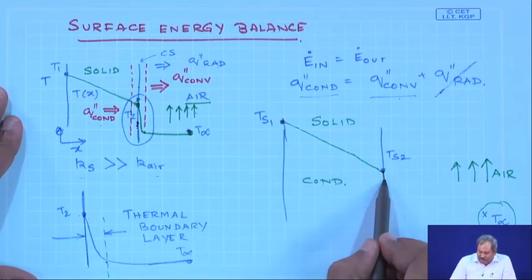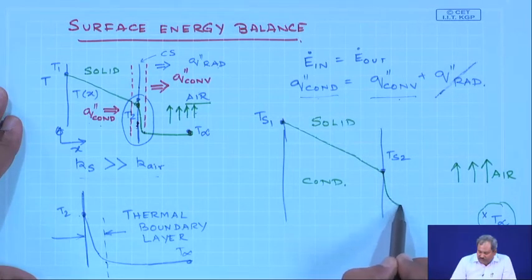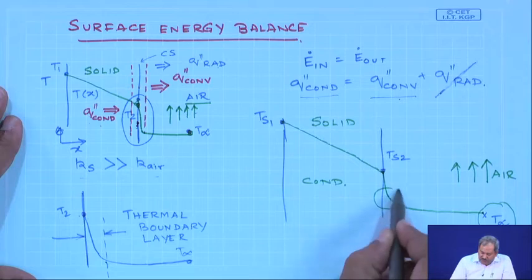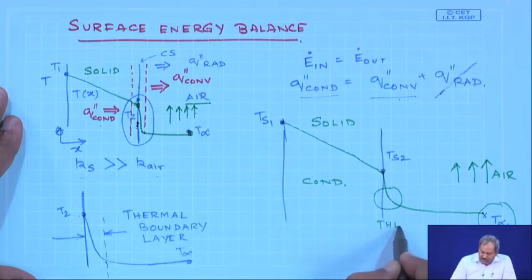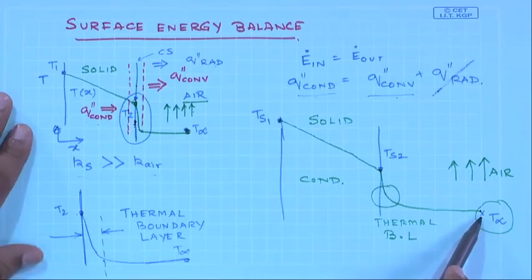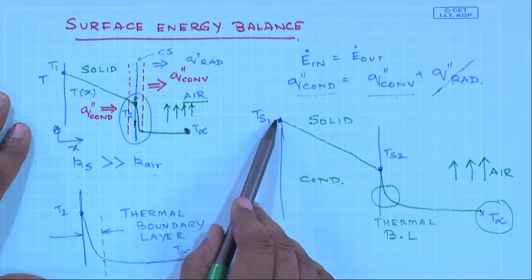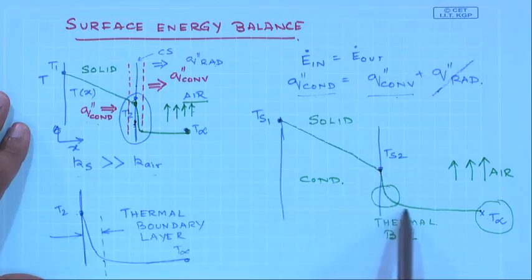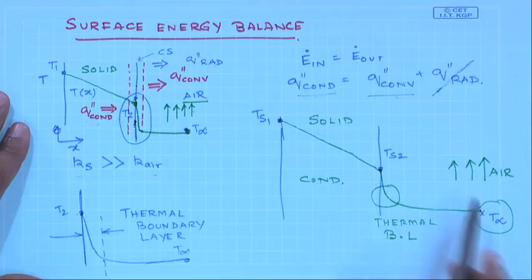So, the temperature change will be very sharp near the solid wall. This is what is called the thermal boundary layer, and the complete profile would look something like this. What you have here is a linear profile, then a sharp change asymptotically approaching the value of T infinity.